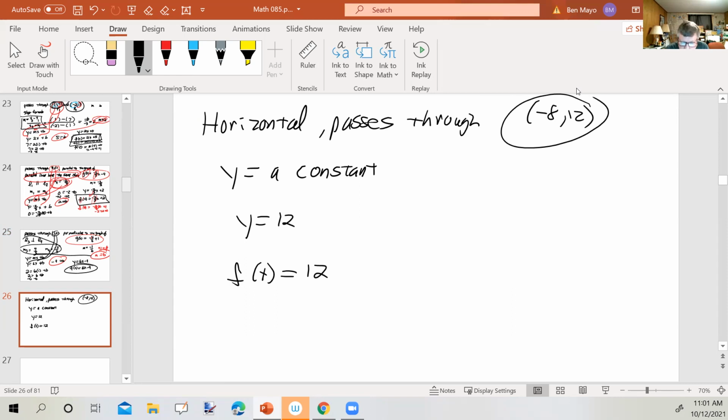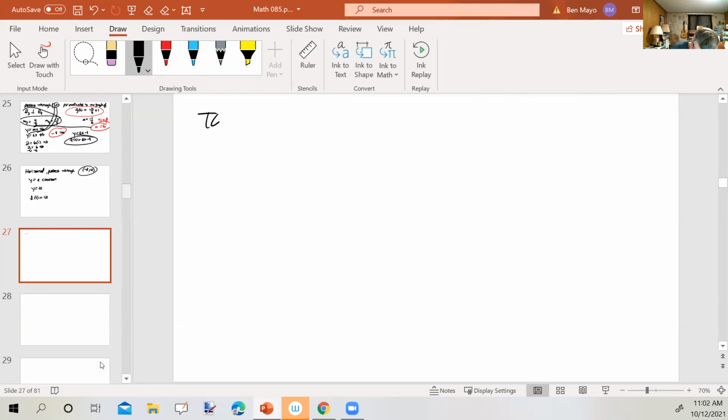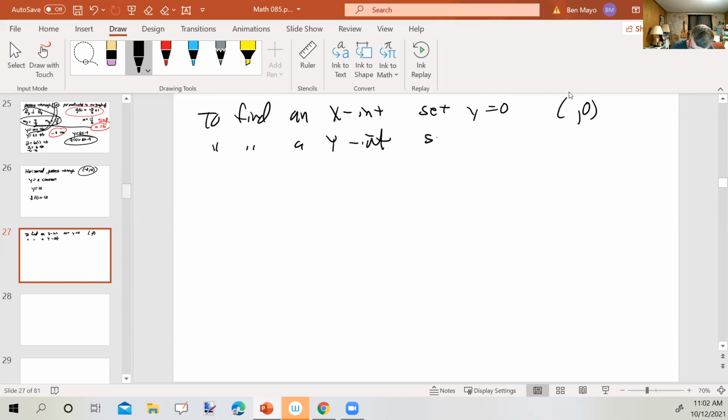Okay, I want to review and add a couple more items. To find an x-intercept, set y equal to 0. To find a y-intercept, set x equal to 0. We've got the slope formula, m equals y sub 2 minus y sub 1 over x sub 2 minus x sub 1.